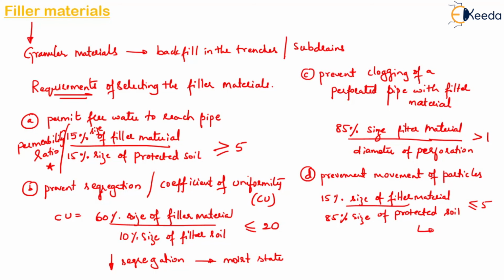This ratio is also called your piping ratio. The second one is the same thing, but the percentage will vary: 50% size of filler material by 50% size of the protected soil should be less than or equal to 25. So this is how you have to select your filler material.